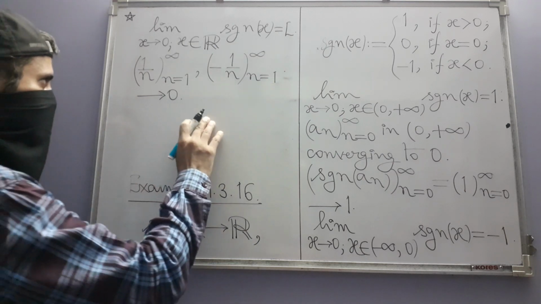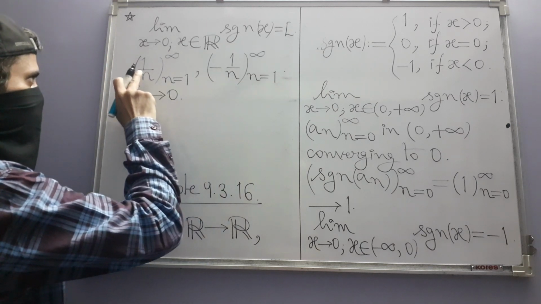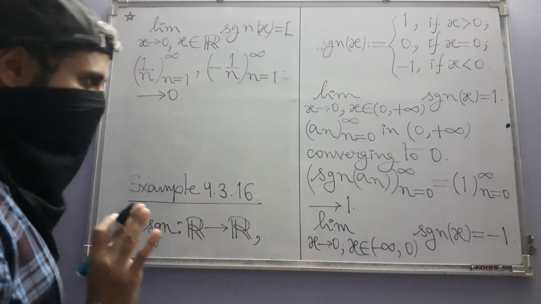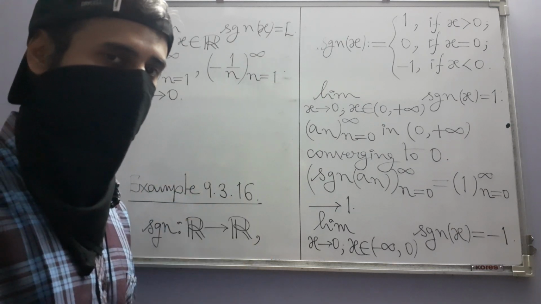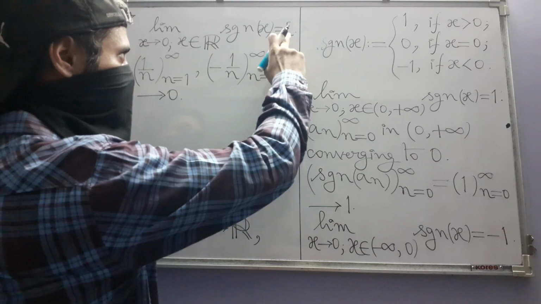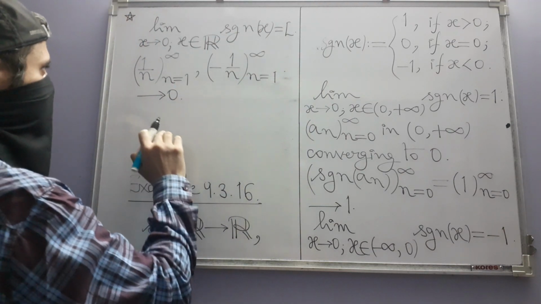However, by proposition 939, the functional values of the sequential terms are going to give you two sequences that have to converge to L by proposition 939. So what are those sequences?